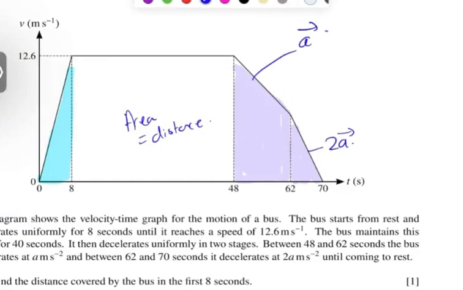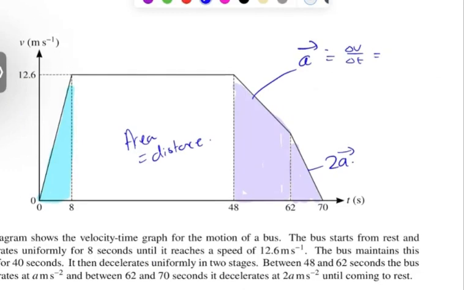So I know my acceleration is my change in velocity over change in time. In this case, I'm going to have to call that V probably. So I'm going from a velocity of 12.6 to V over a time of 48 minus 62. Okay, so it's going to be negative acceleration.